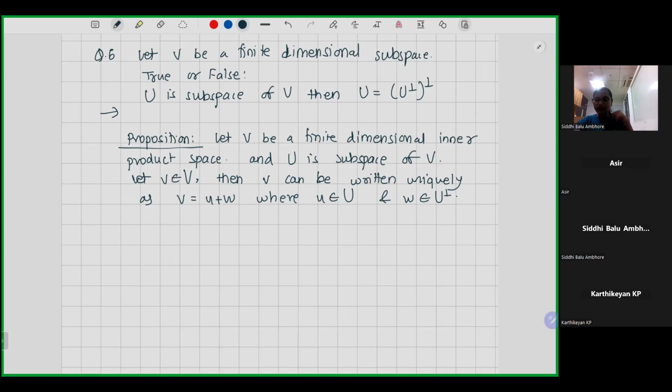So using that, we obtain this: given any element v in V, it can be written as u plus w, where u comes from U and w comes from U perp.